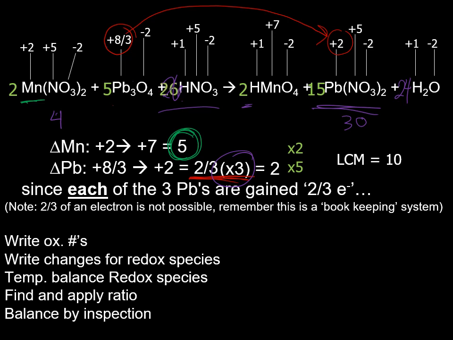And if I added that up right, that should be, oh sorry, I did not add that up right because I have a coefficient of 2, so I'm not putting 24, I'm putting 12 waters on the right. And now clean that up a bit, and we have our balanced chemical equation.